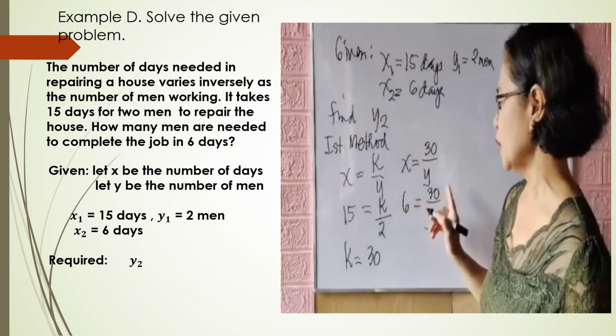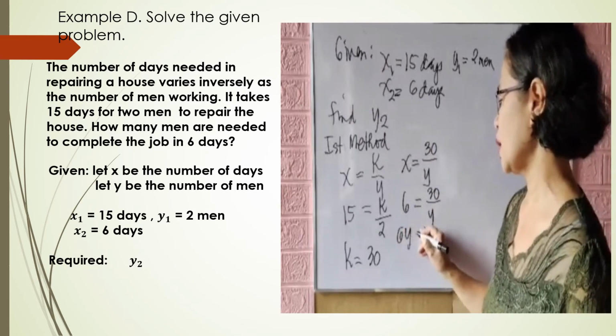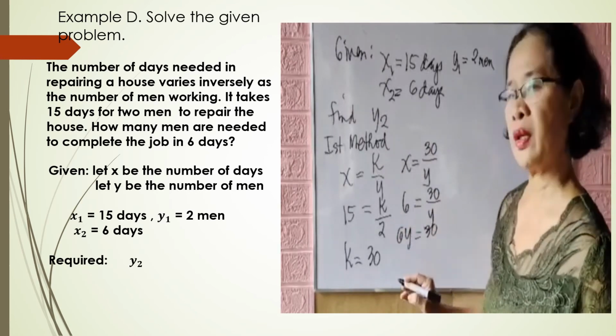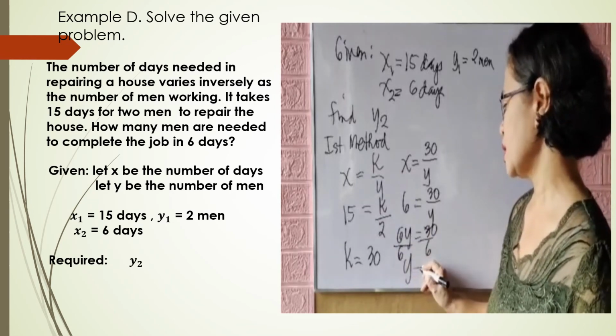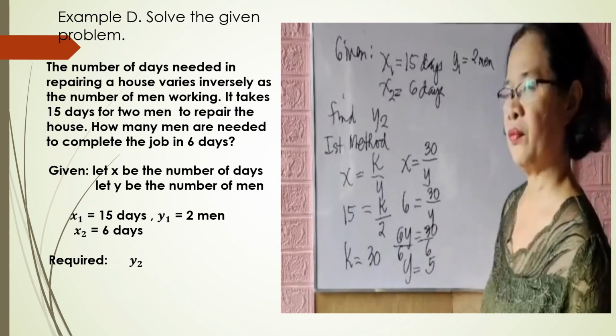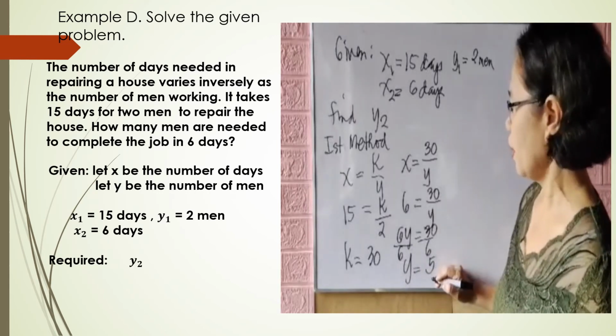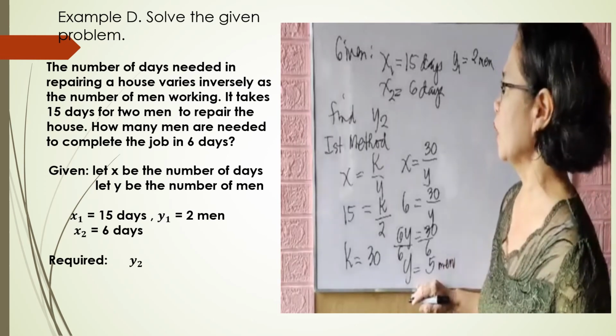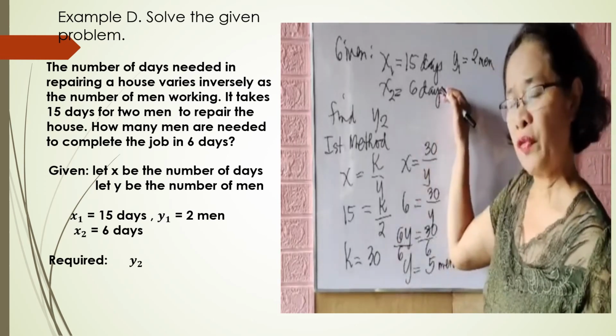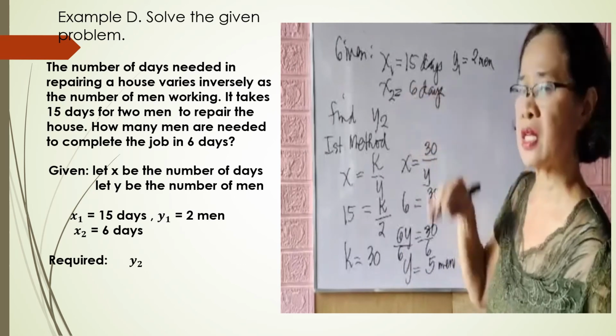We cross multiply, we have 6y is equal to 30. Then divide both sides by 6, y is equal to 5. So therefore, there are 5 men needed to finish the job in 6 days.